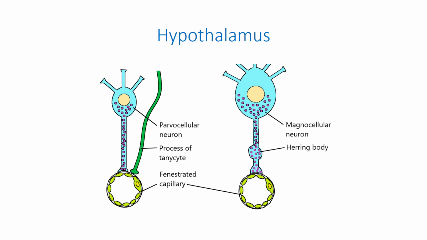Produced hormones are transported along the axons to these terminals and enter the blood circulation. Processes of tanycytes end on the capillaries of the median eminence, and they are able to regulate, close or open the access of hypothalamic hormones into the vessels.